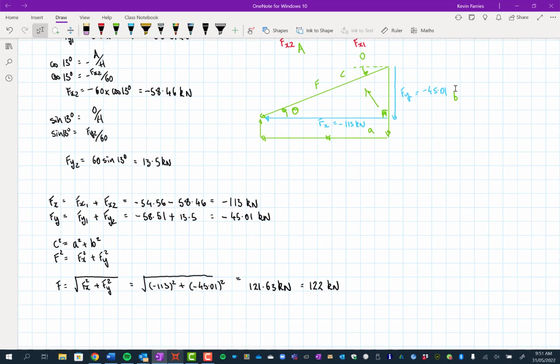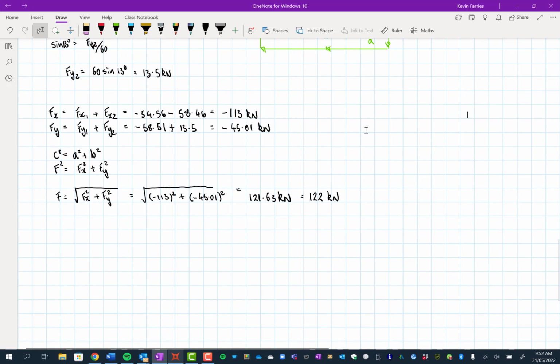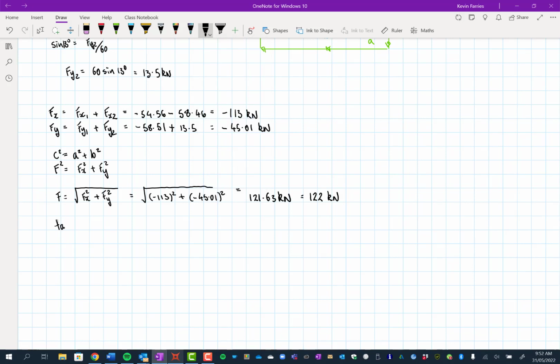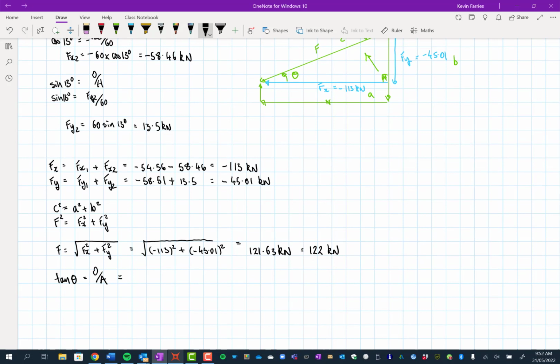Okay, now let's just think about whether we're using sine, cos, or tan. We'll probably just use these two sides. There's my angle, there's my hypotenuse, so this is going to be opposite, this is going to be adjacent, so we'll use tan. So we're going to have tan theta is opposite over adjacent, which in our case is minus 45.01 divided by minus 113.